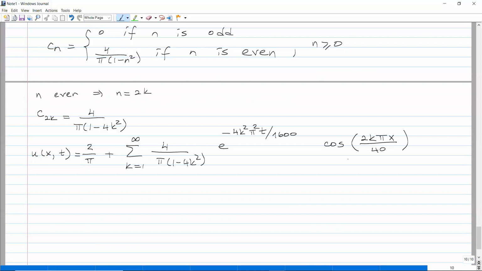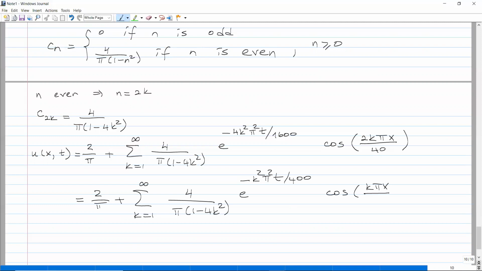So I can simplify this: e to the minus k squared pi squared t over 400, right? If I simplify by 4, cosine of k pi x over 20.